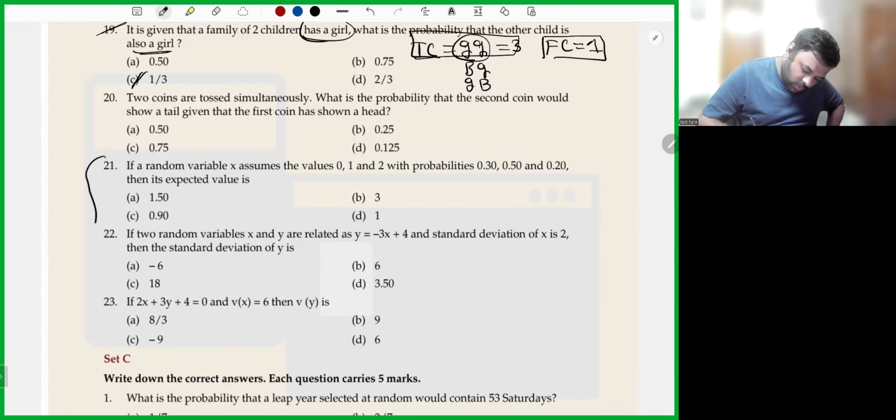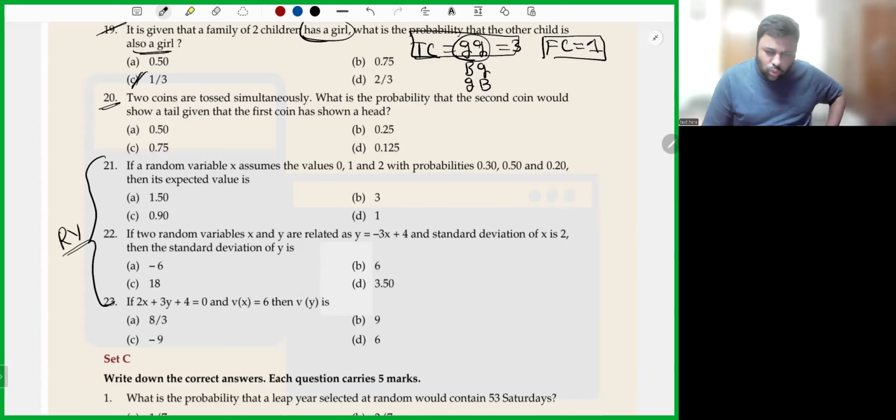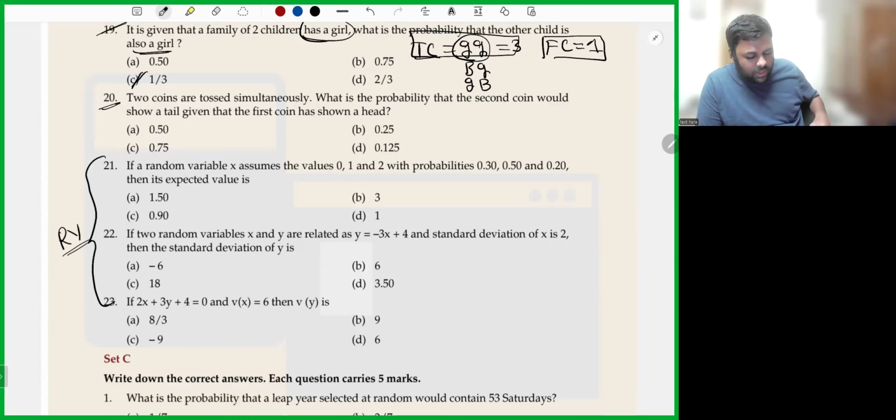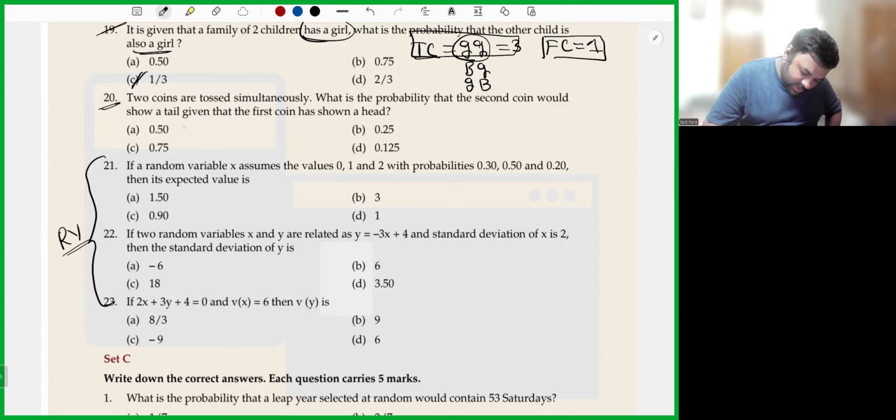Again, 21, 22, and 23, they are based on random variables. Let's do 20. 2 coins are tossed simultaneously. What is the probability that the second coin would show a tail, given that first coin has shown a head? Given that he's telling. So it's a conditional probability sum.